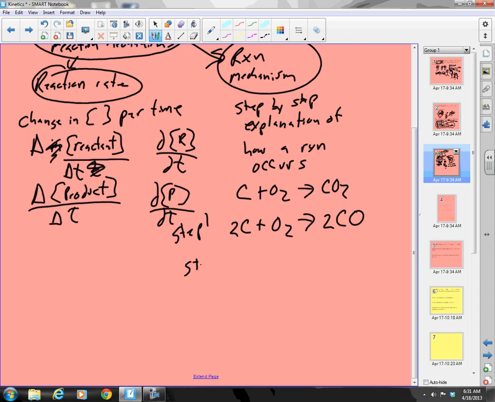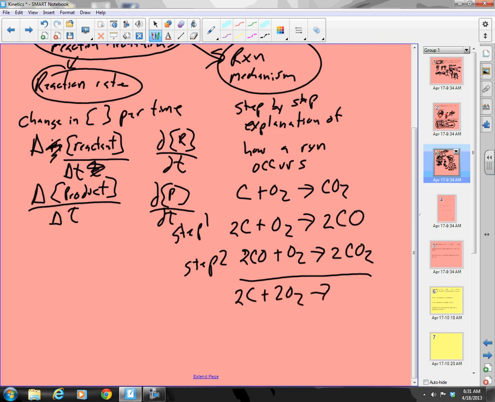And then what's step two? Step two would be two COs react with O2 to form two CO2s. And that's step two. And then when I add these all up, what do I get? I get two carbons plus two oxygens yield two CO2s, because these guys cancel.